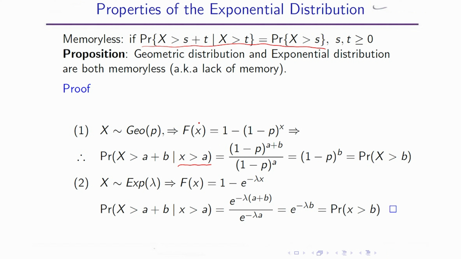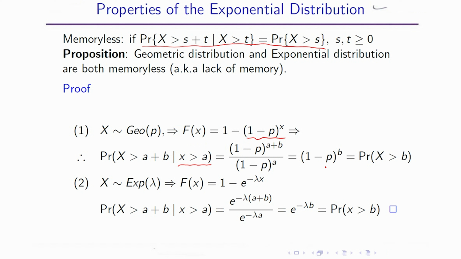Because F of x is the probability that X is less than or equal to x, the probability of X greater than x is simply (1 minus p) to the power of x, and you plug in a here. Similarly, X greater than a plus b is (1 minus p) to the power of a plus b.